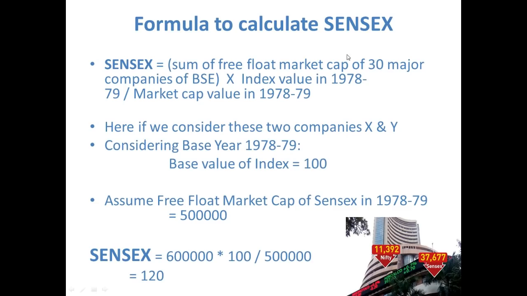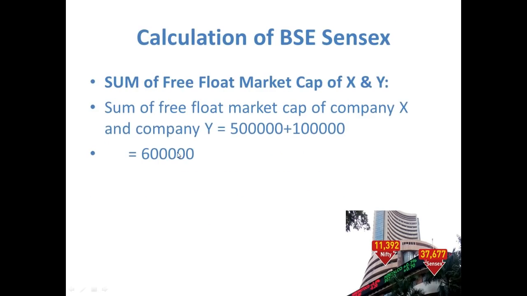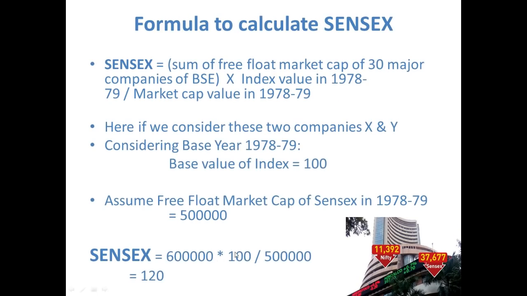The formula says the free float market cap of the 30 major companies, but here we are taking only X and Y, which we have just calculated as 6 lakhs. So 6 lakhs multiplied by the base index value of 100, divided by the free float market cap of 5 lakhs in 1978-79, comes to 120. So 120 is the value of the Sensex calculated here.